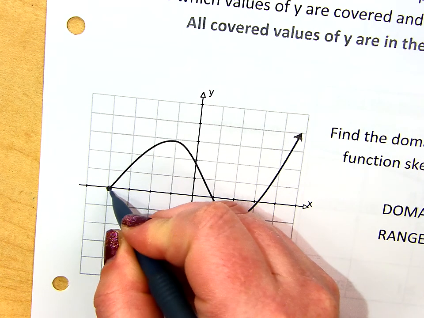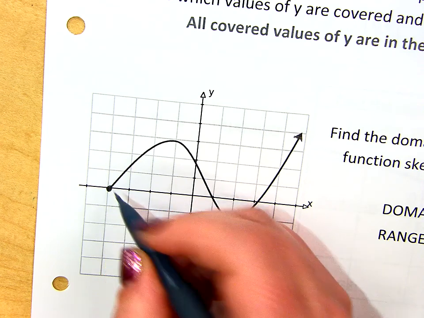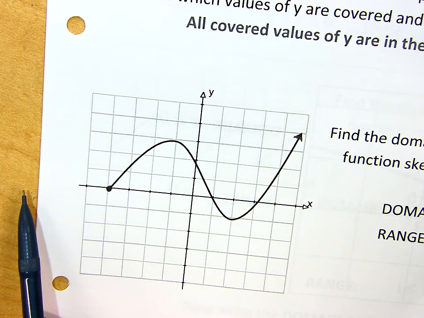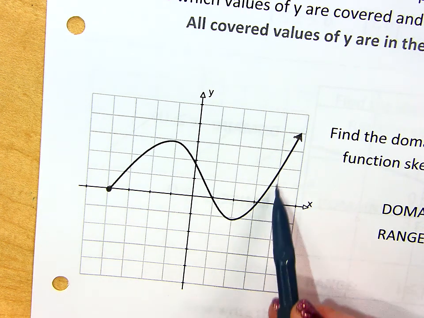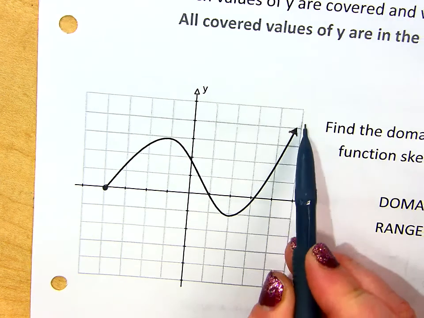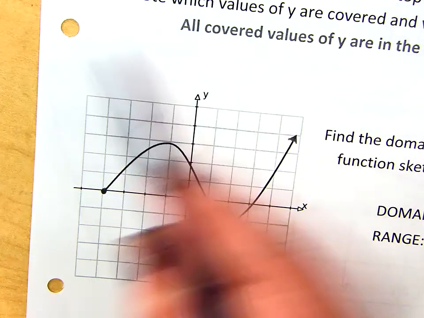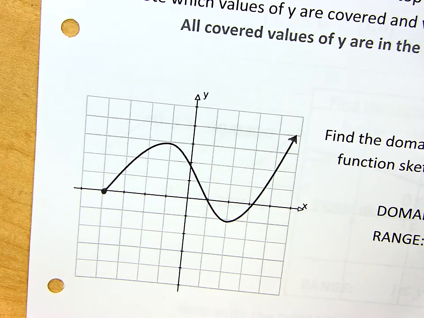This whole graph is starting right here, so that's a firm endpoint. In other words, this graph does not exist back here. Another thing we can assume is that this just keeps going in this direction. Once it gets off the graph, it's not going to do something crazy and swirl around. It just goes off.